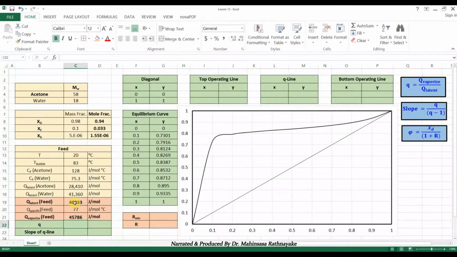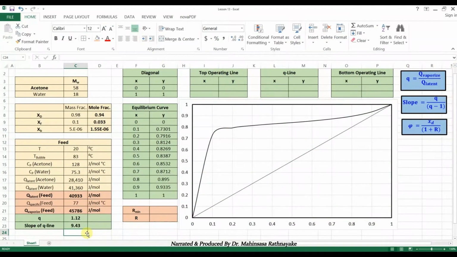Heat to vaporize 1 mole of feed is 45,786. So we can calculate the Q value as 1.12 and the slope of the Q line is 9.43.